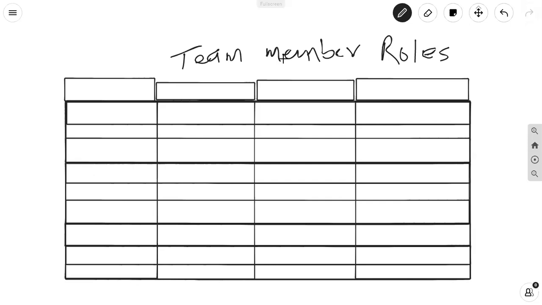And that's why this model espoused by Meredith Belbin becomes very relevant to us as students of leadership and students of project management, because these team member dynamics are visible across teams, both for good and bad.